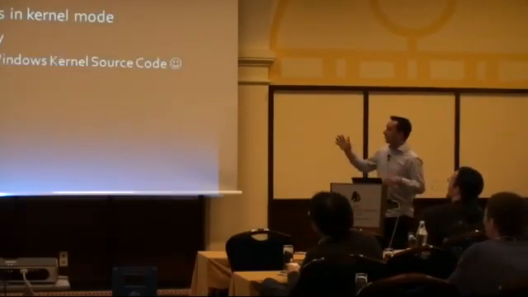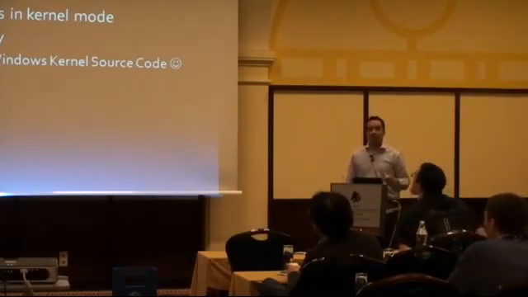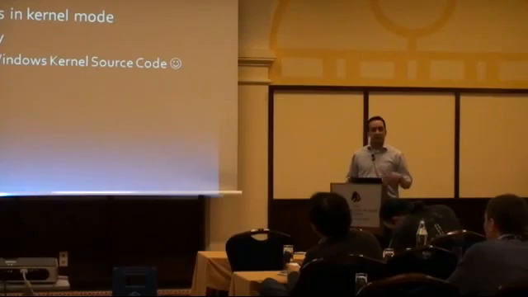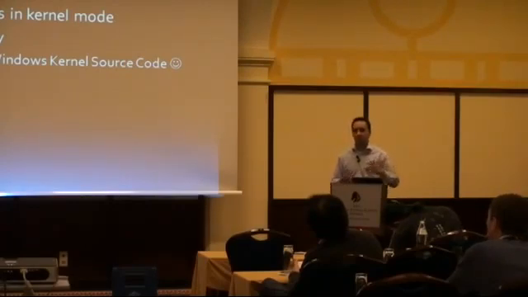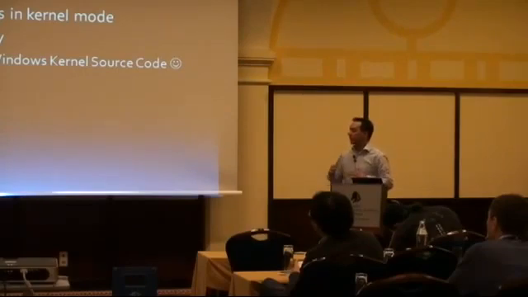So this is going to be the agenda. There's going to be an introduction on kernel mode. Since I don't know the knowledge level of you guys about kernel mode, I will start with the basics. We'll start talking about kernel mode versus user mode execution, kernel space versus user space, etc., and we'll start growing from there.